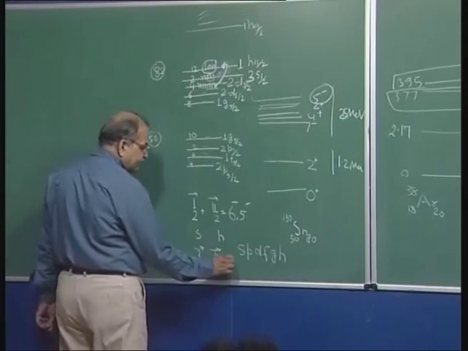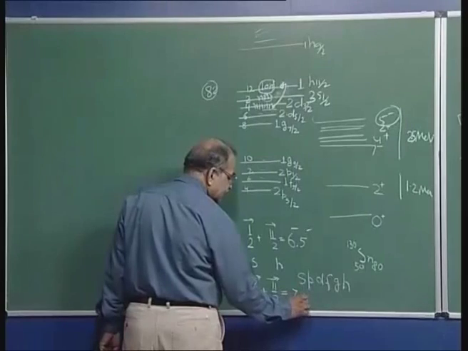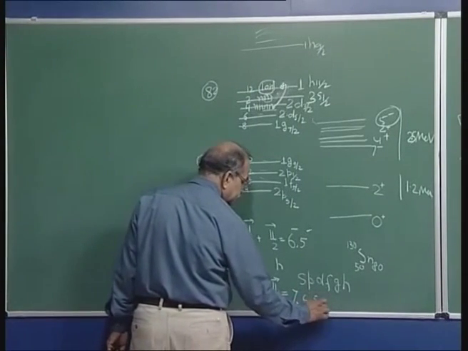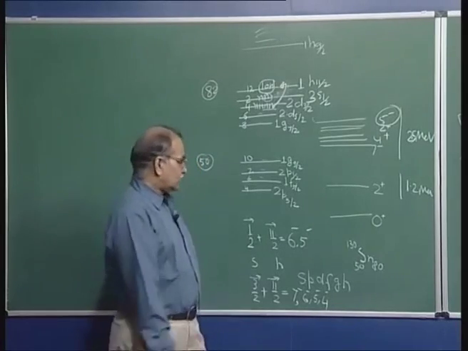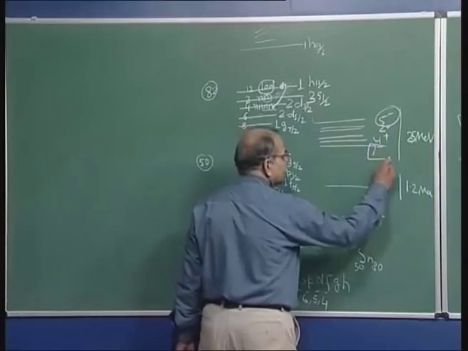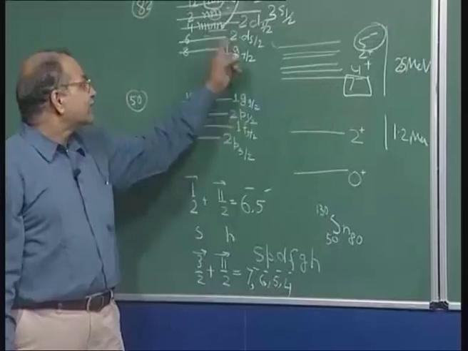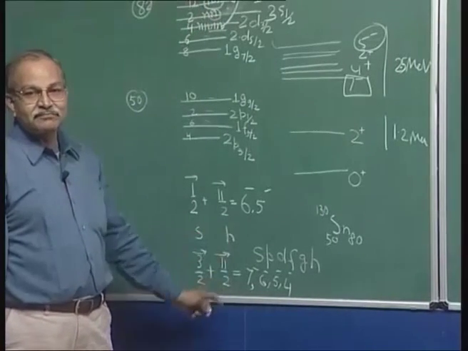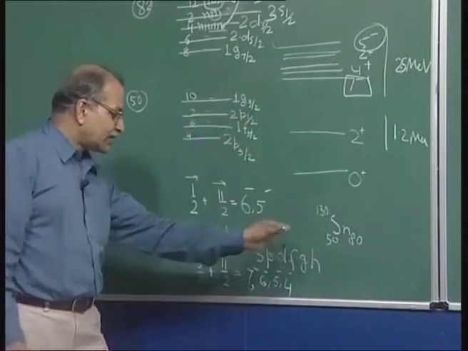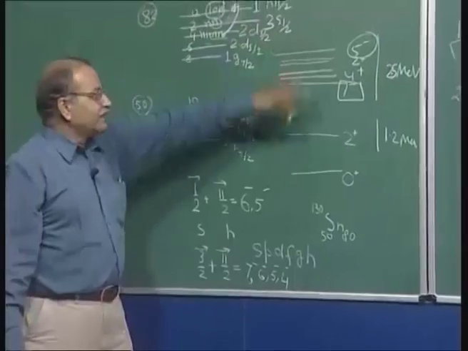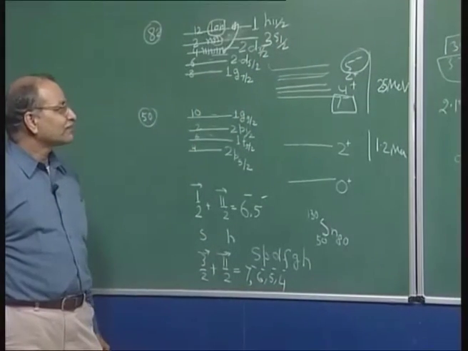This will give 7, 6, 5, 4, and again negative parity. So you have this 7, look at this 7 minus. So this 7 minus can come through this mechanism, right. If you find any 6 minus, 5 minus, 4 minus in this range, that can come through this mechanism.